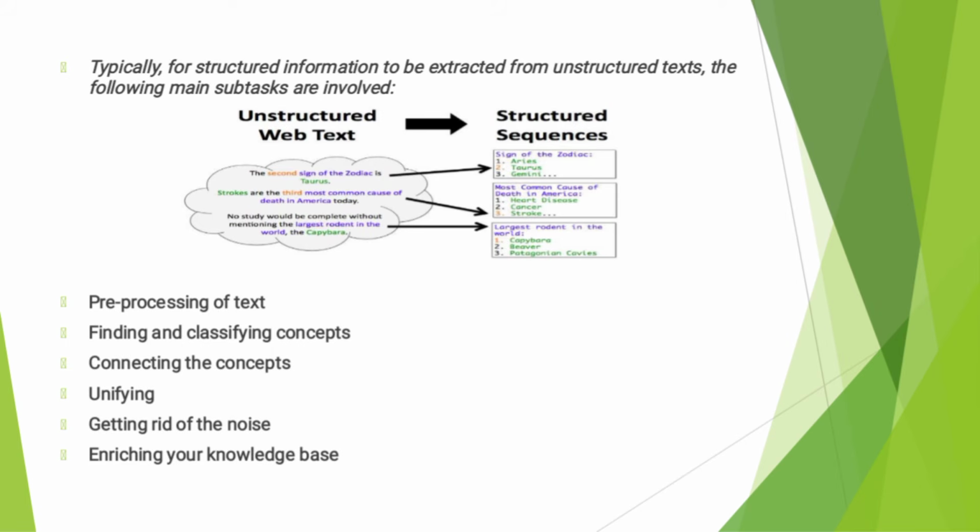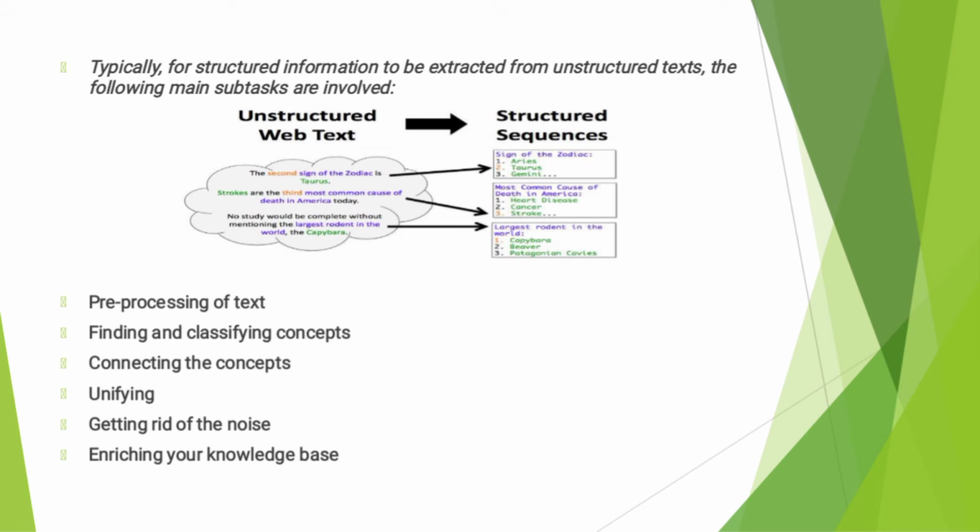This is the diagram typically showing structured information being extracted from unstructured text, followed by the main subtasks. First we mention the unstructured web text. Here we are given some sentences. Next is structured sequences, that is, the structured information to be extracted from the unstructured web text.